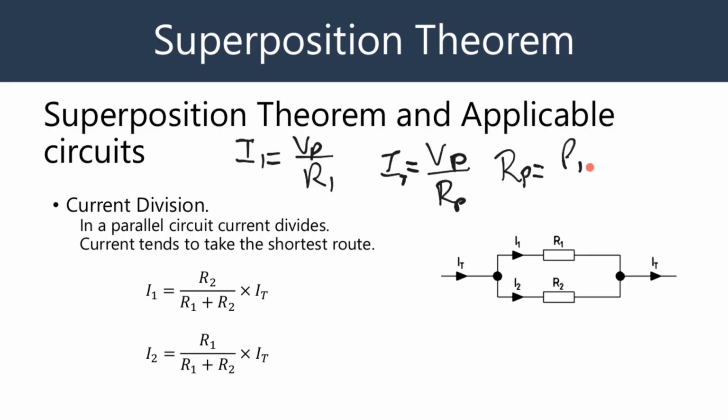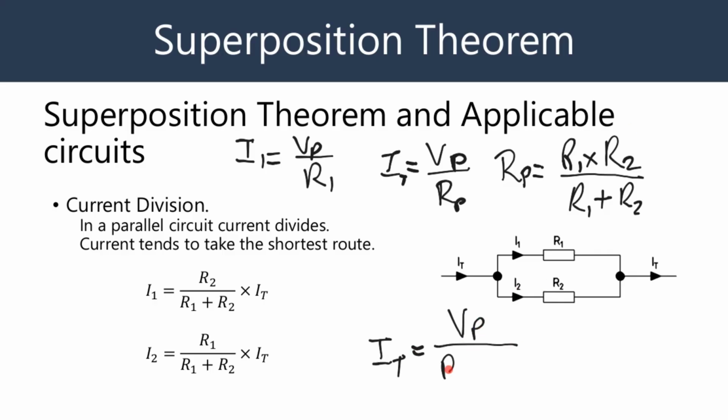So it works out to be R1 times R2 over R1 plus R2. Those are the basic rules, you could say. In this case, I can now substitute that value into I total. So I total is equal to V parallel over the R parallel value, R1 times R2 over R1 plus R2.